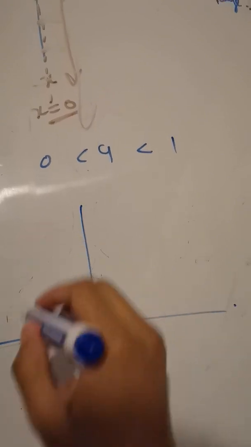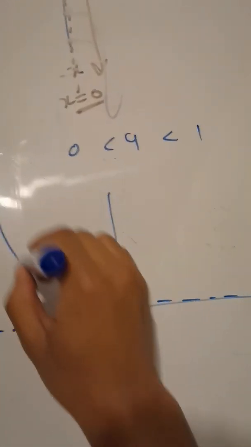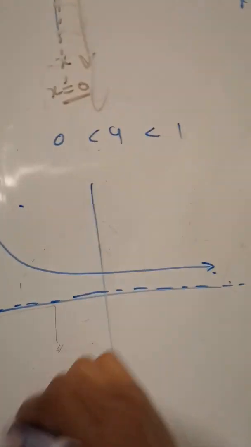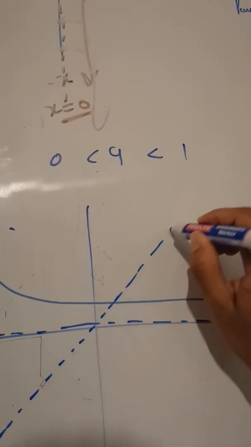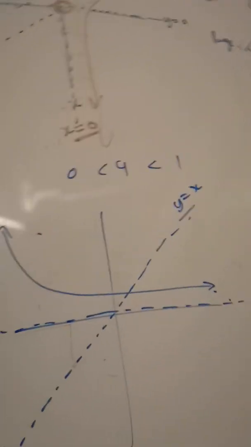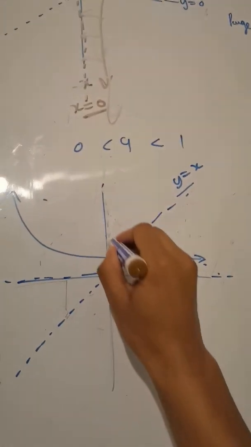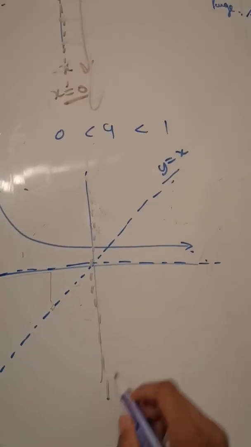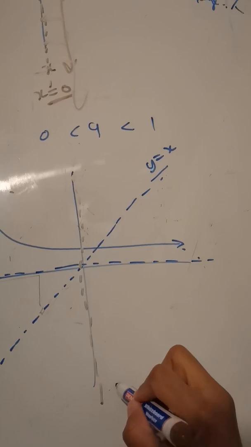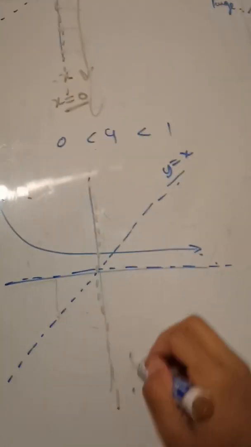So that's the asymptote, for example, and then the graph will look like that. And then that is your axis of symmetry, the y equal to x line, and your inverse will basically also look like that, so you reflect it.